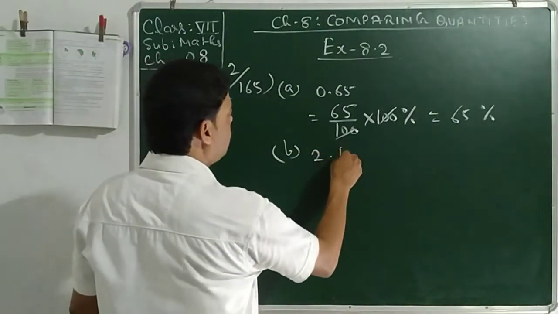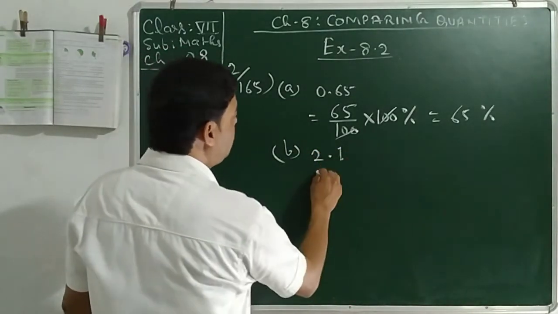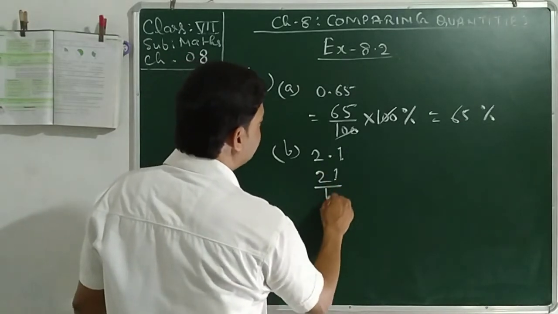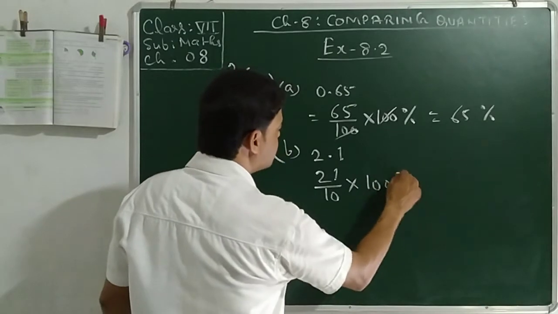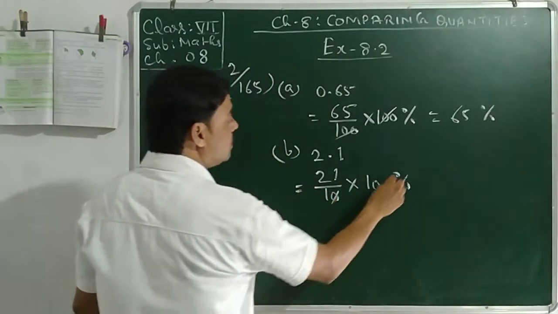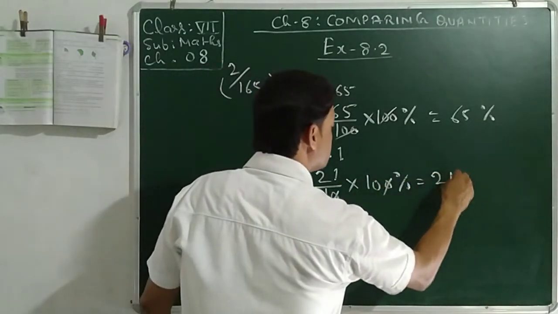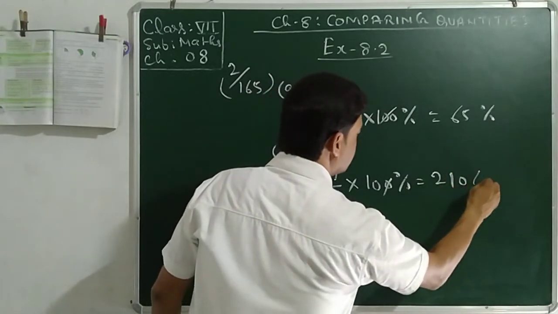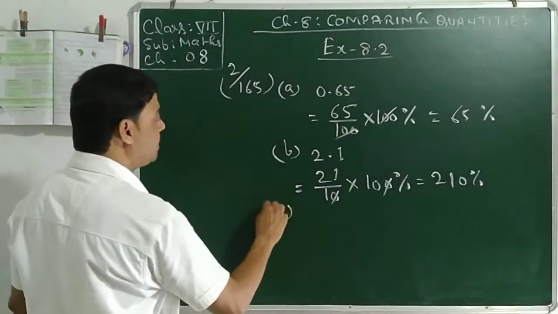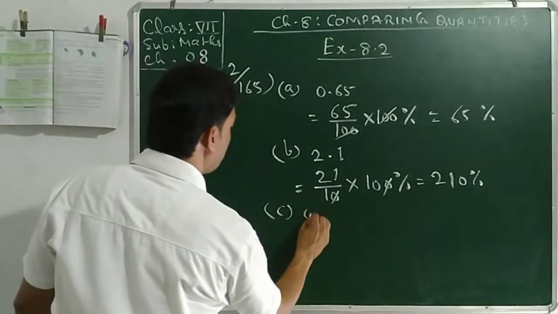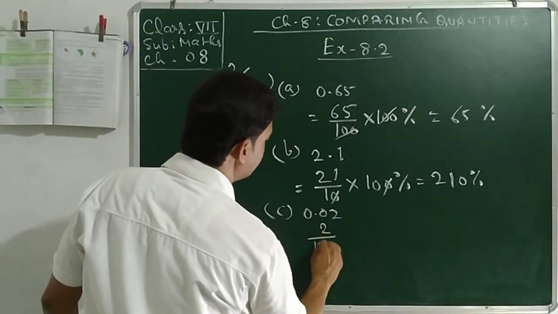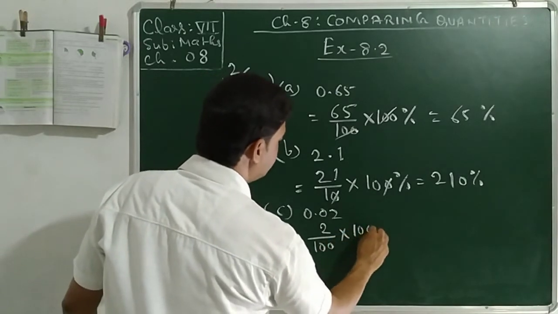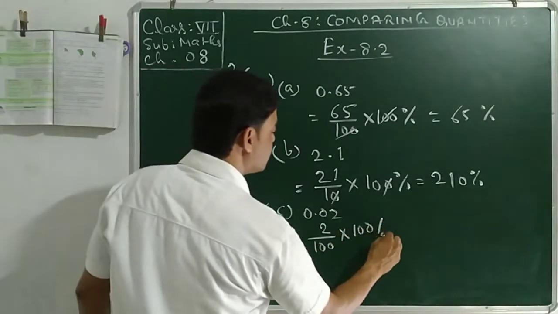Similarly, in the B number, 2.1, you will write 21 by 10. Only one decimal was there, into 100% and solve it. You will get it to be 210%. Now, in the C number also you will get 0.02, that is 2 by 100 into 100%.